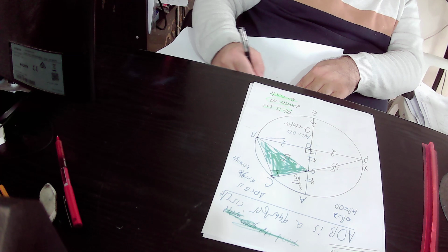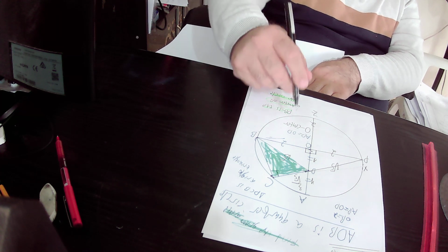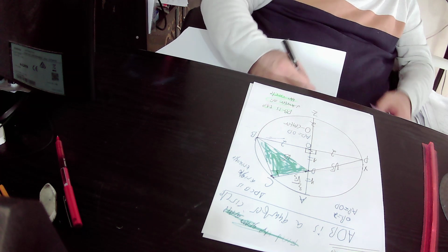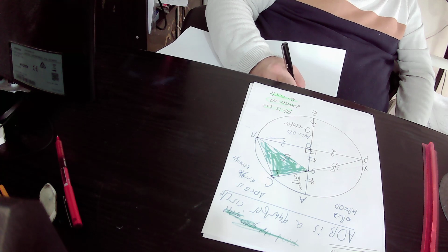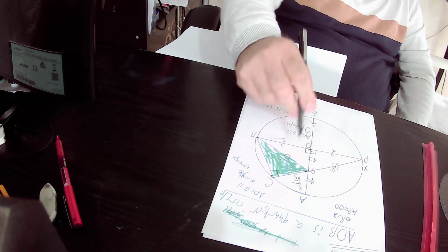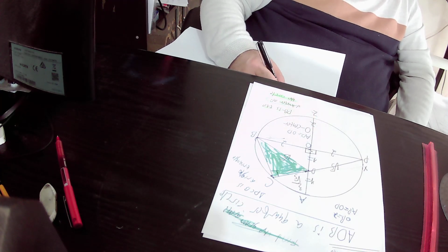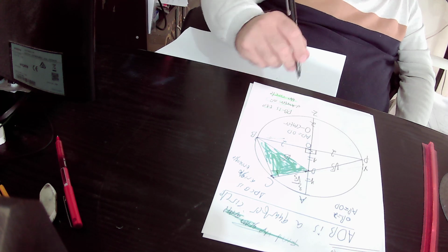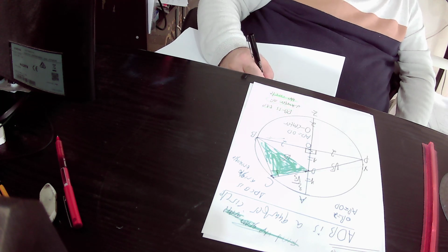That is to say, the hypotenuse is DB, therefore the square of the hypotenuse is DB square. That is equal to the sum of the squares of the perpendiculars. That is to say, it is equal to DC square plus CB square.